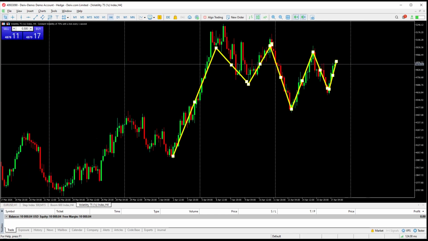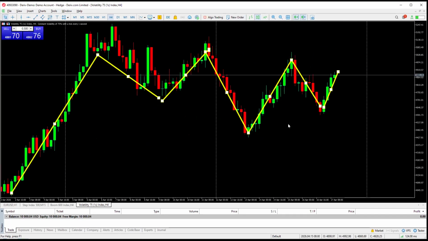Then we have the y-axis, which is shown at the far right column with some numbers there. So this makes up a graph. As I said before, the whole screen with everything that we see is called a chart. On the chart, the main key is the graph, which I am labeling by this yellow line that I'm highlighting. So whenever I'm talking about a graph, I mean this kind of pattern.